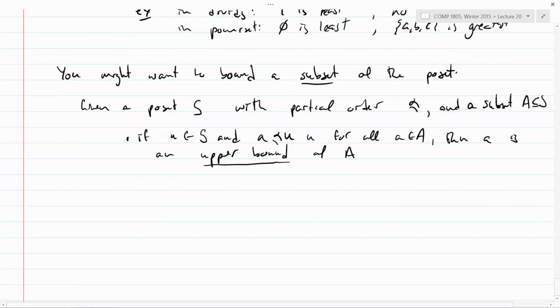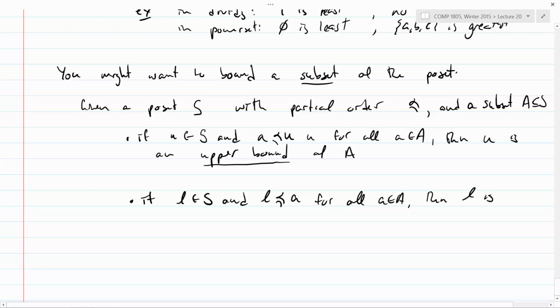Okay, and we can also go the other way and talk about lower bounds. So if L is in S and L is less than or equal to A for all A in A, then L is a lower bound of A. Sorry, this should be U as the upper bound, not A. So this says the exact opposite.